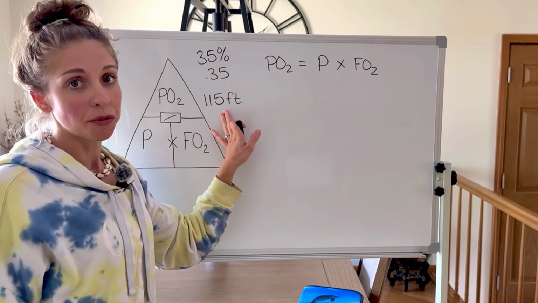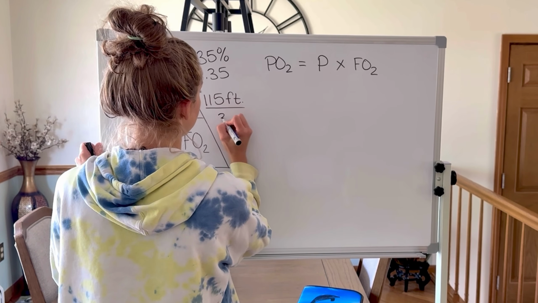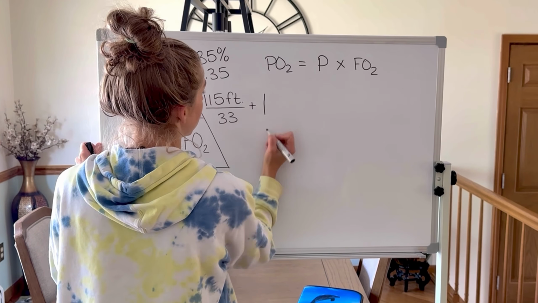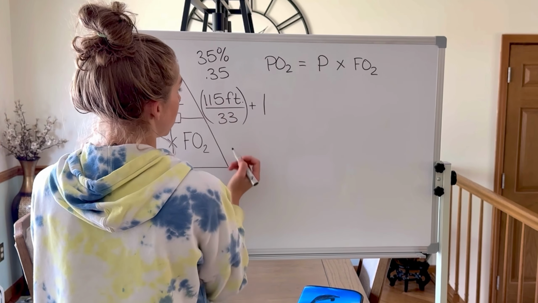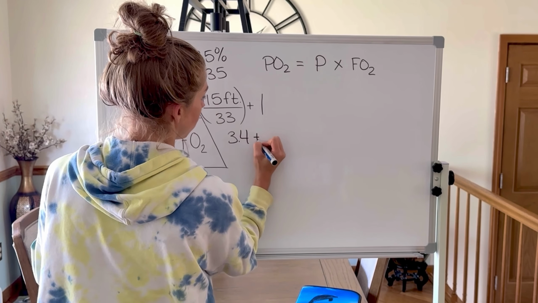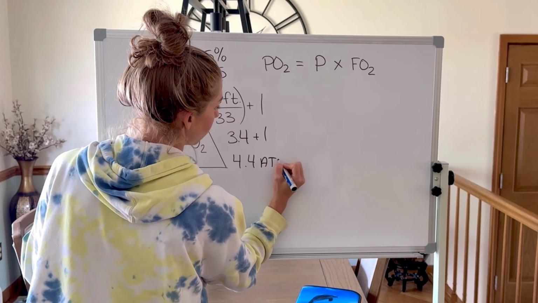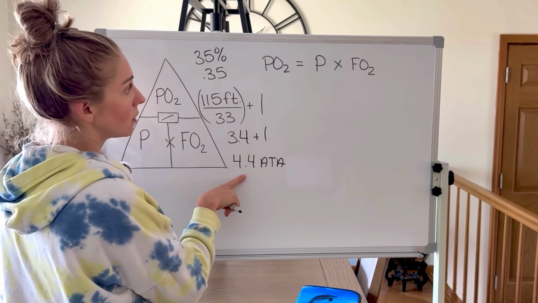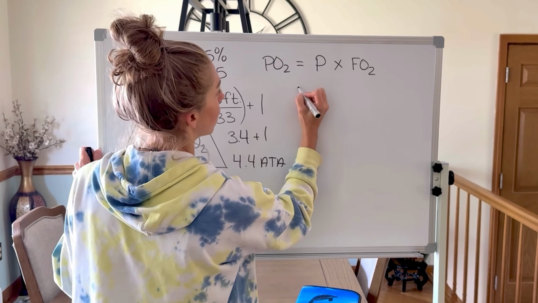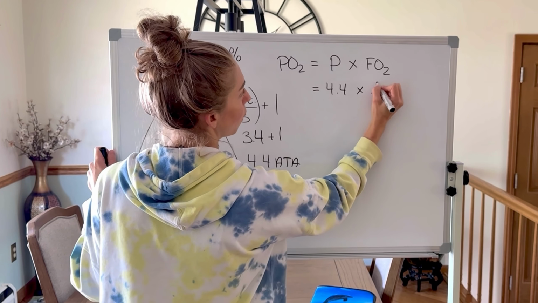And again, this is in feet, so we have to convert it. So 115 feet divided by 33. This is going to be 3.4 plus 1. So 4.4 ATA. And we're going to plug this into the equation. We have 4.4 multiplied by 0.35.